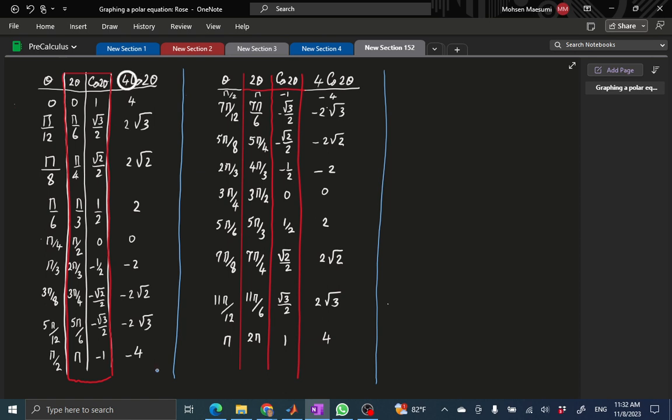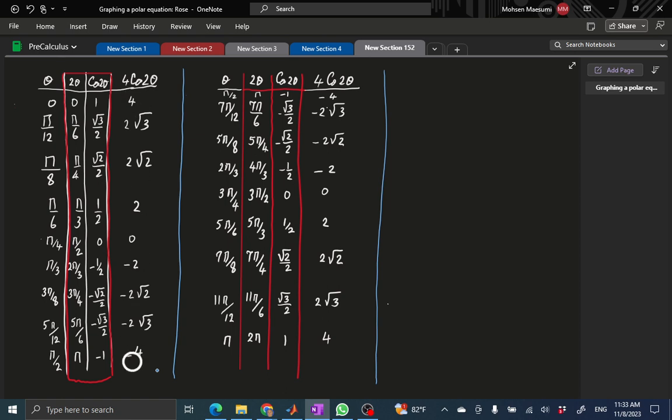Finally, at the very last, we have to do a simple thing. You multiply this thing by some number, the radius of the rose. So that problem had 4 cosine of 2 theta. So I'm taking all these numbers and multiplying them by 4. So in short, we are making a table of all the famous angles and their cosine. Now on the left, these angles are going to be half of these because that multiple is 2.